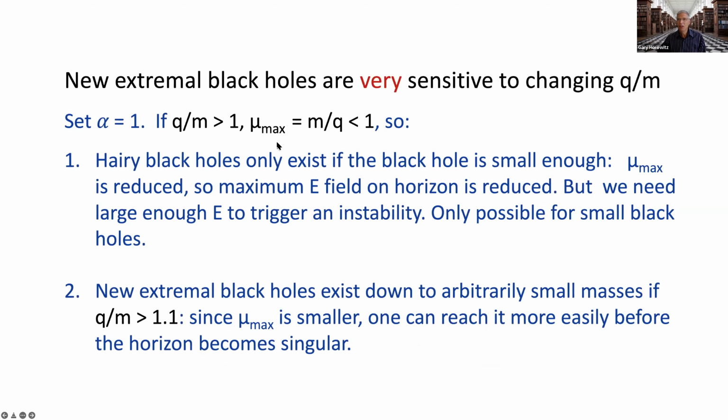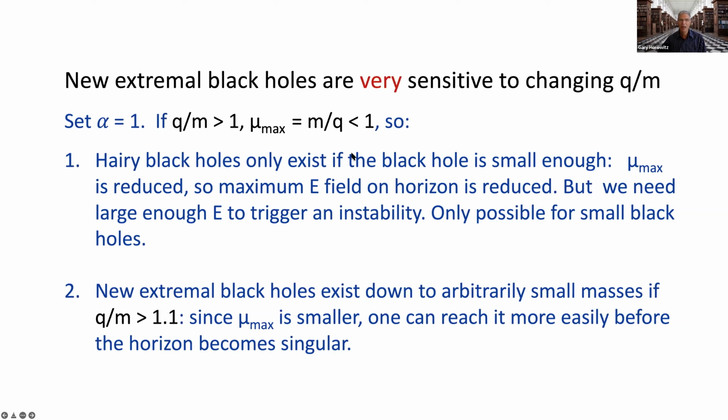What happens when you change the charge to mass ratio of the scalar? So we're going to go back and set alpha equal to 1. And it turns out that these new black holes are very sensitive to changing this charge to mass ratio. If you increase it above 1, the maximum value of this electrostatic potential at infinity is now less than 1.